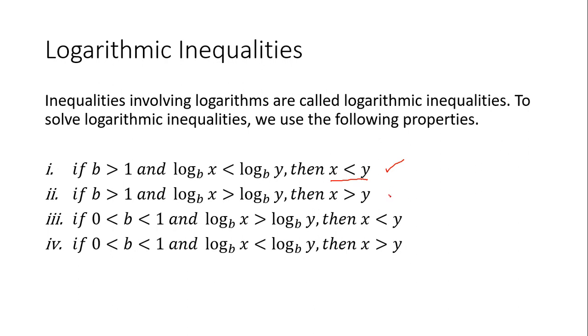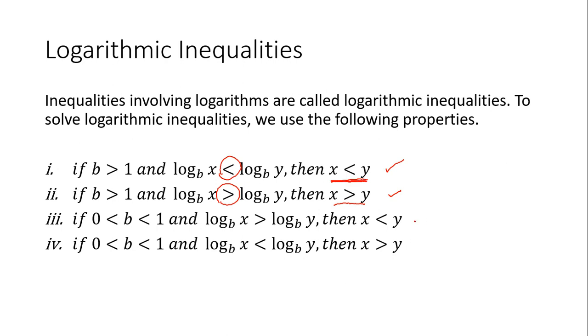Sa pangalawa naman, still the same, if the base is greater than 1, but the logarithm of x is greater than the logarithm of y, then x is greater than y. Kung ano po yung given natin doon sa logarithmic, yun din po yung magiging answer natin dun.